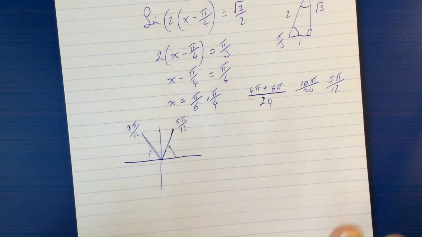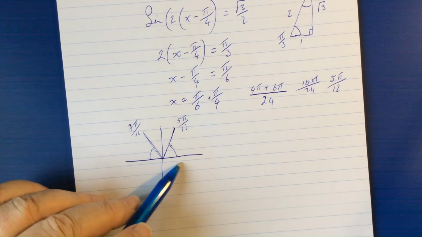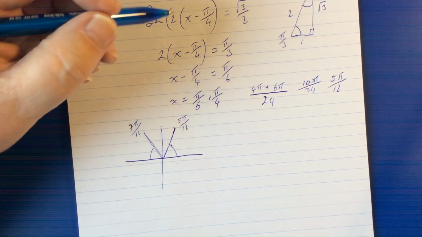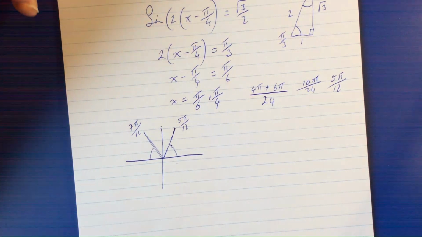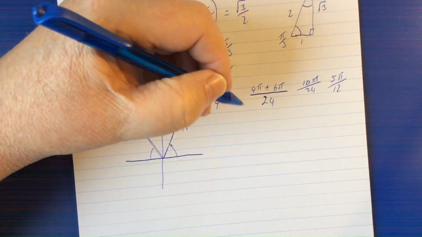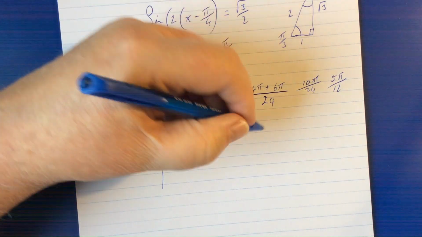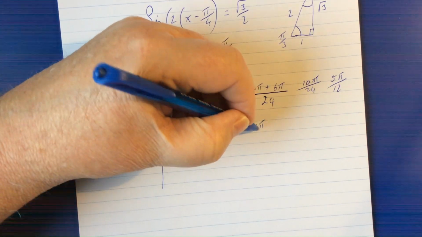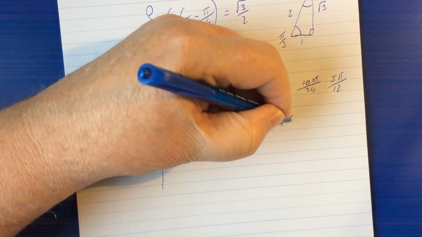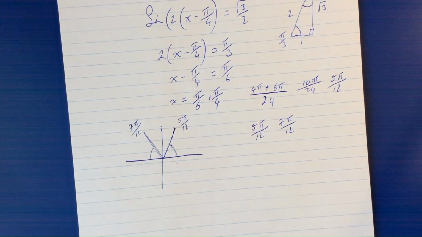These, if you pop these in a calculator, you will get the same angle from the x-axis. From the x-axis, that's the important point. Okay, so far we have 5 pi on 12 and 7 pi on 12.